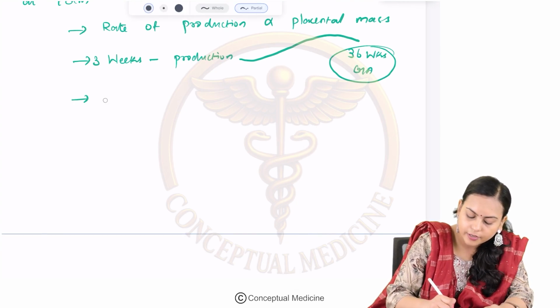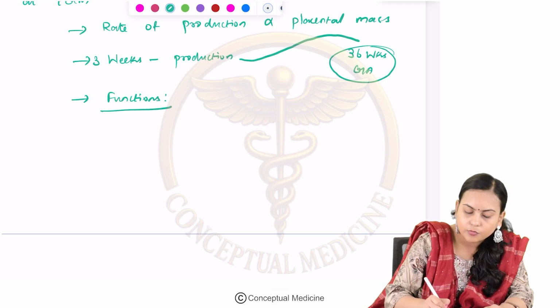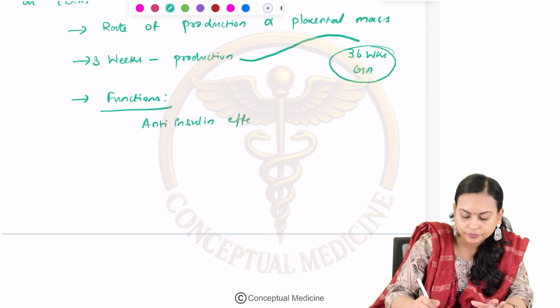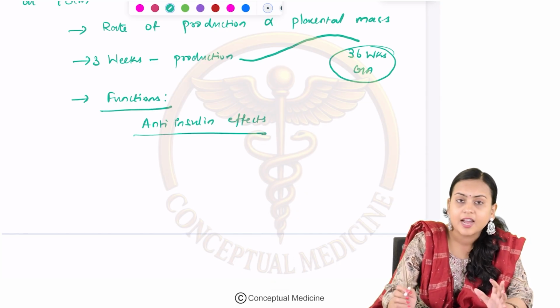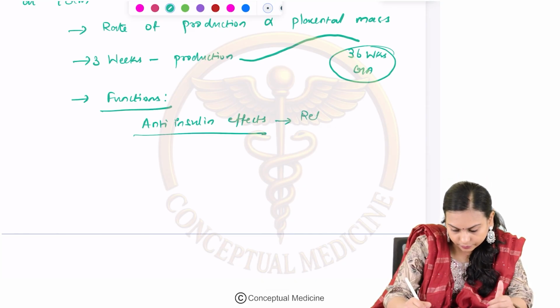Now, what are the functions of this hormone? The most important function is that this hormone has anti-insulin effects. Okay, and this anti-insulin effect is going to reflect in the mother.